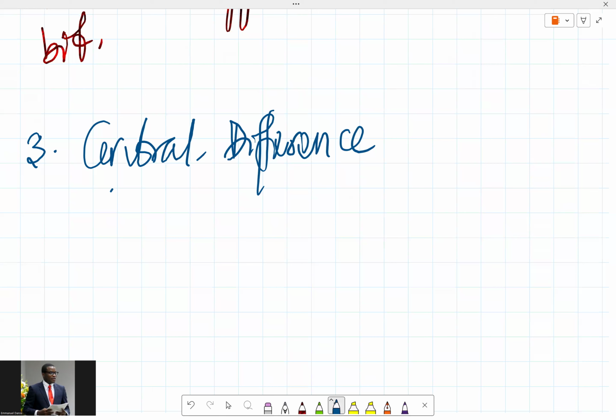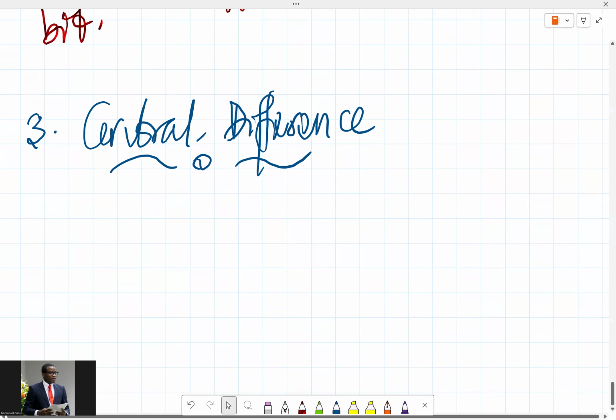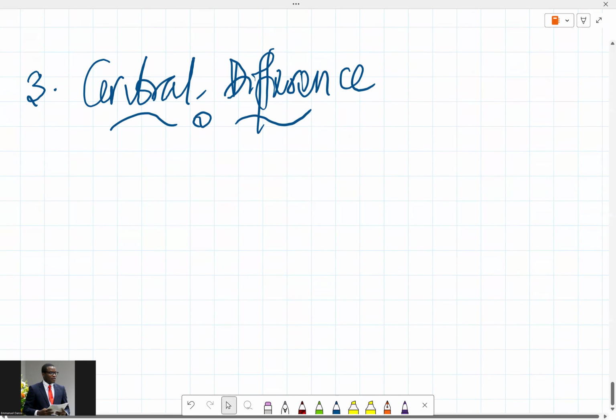So don't forget, the forward difference, we got 2.1. Backward difference, we got 1.9. So central difference, let's see what happens here.